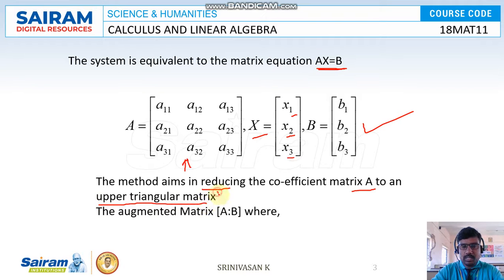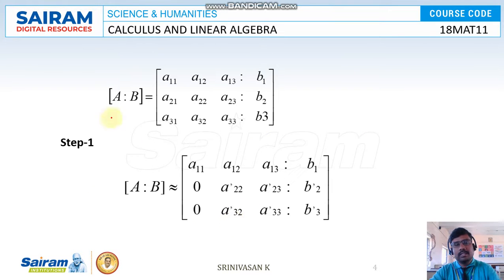The process is nothing but making the matrix an upper triangular matrix. So the augmented matrix A B, where this is A clearly and this one is B. We have to create an upper triangular matrix.